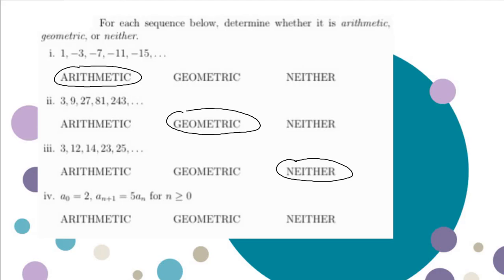Now the last one looks a little funky, so we have to decide. Basically it's saying that a sub 0 is 2, so that's my first term. Then after that, I find my next terms by multiplying the previous term by 5. So a sub n plus 1 means the next term, and a sub n is the previous term.